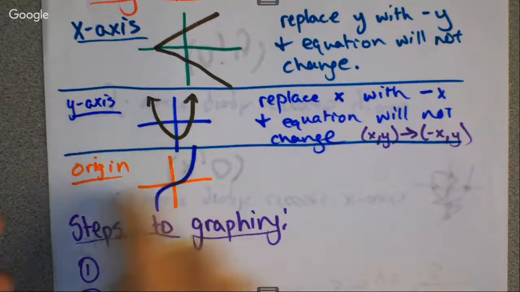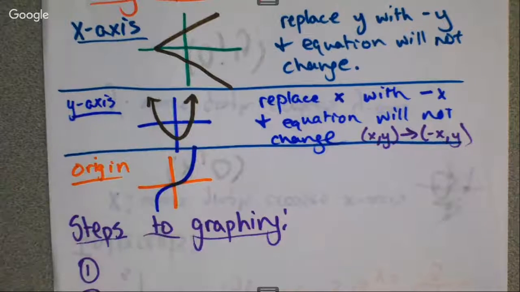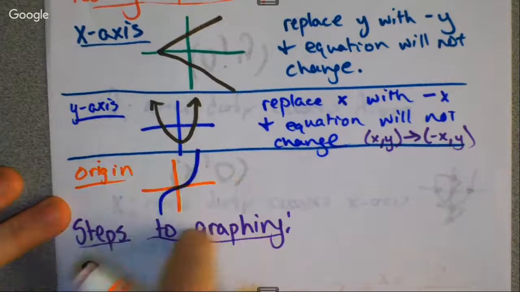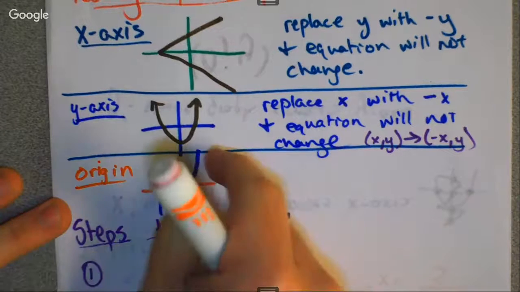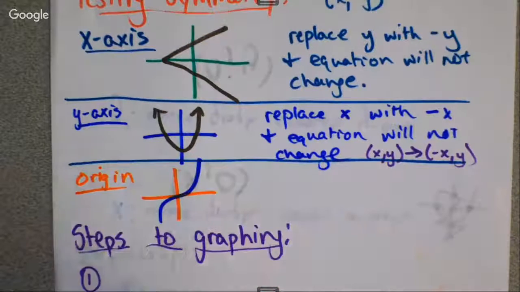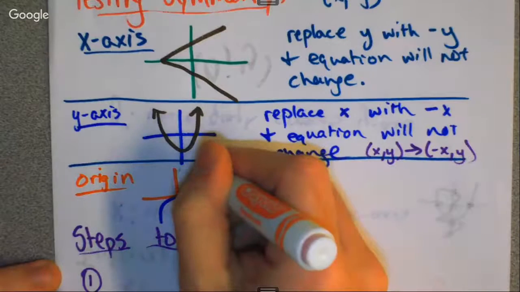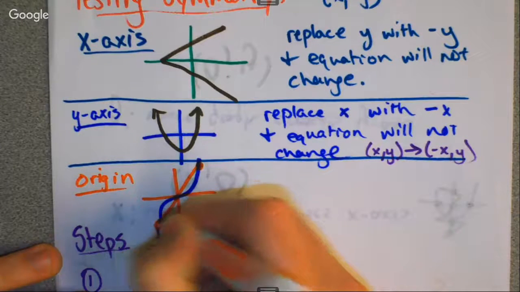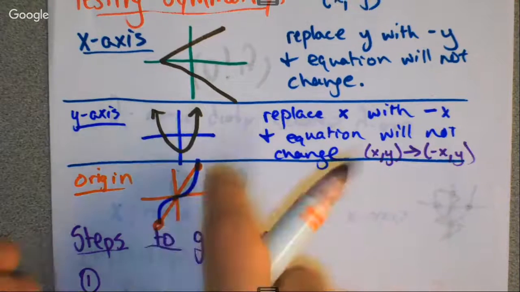Symmetry about the origin actually also has a 180-degree rotation. So if I take this and swing it all the way down there, it lines up. But really what you're doing is you're taking this point, you're reflecting it through this point, and it lands over here. So each one kind of looks like a rotation.